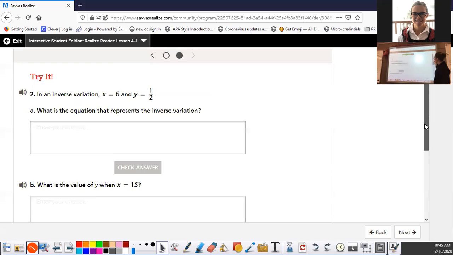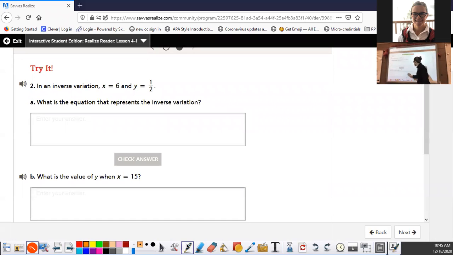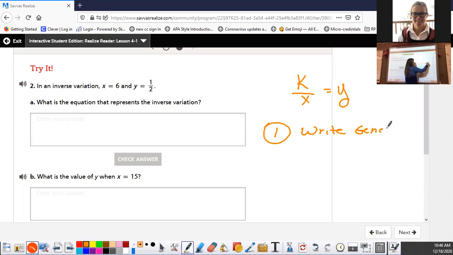So we want to think about that. k over x equals y, and then plug in what we know, and then solve for what we don't know. So step one, write the generic inverse variation formula. Step two, solve for k.